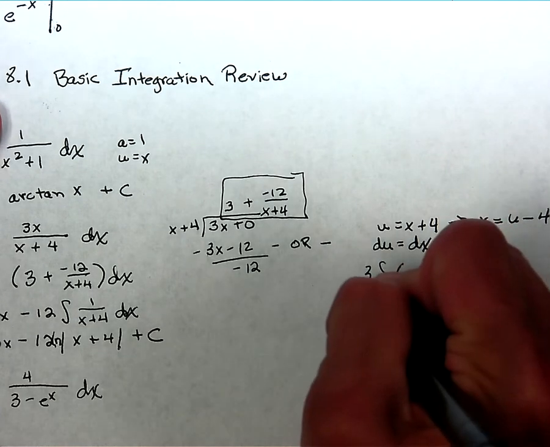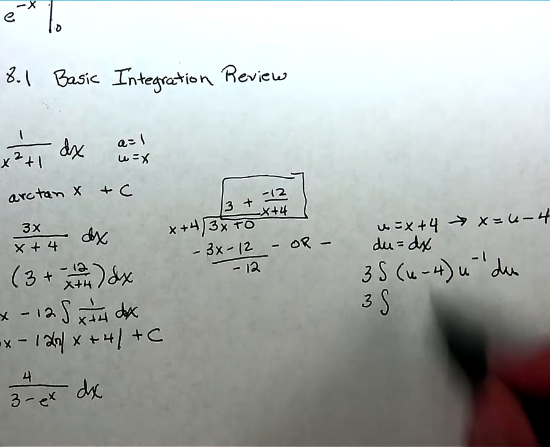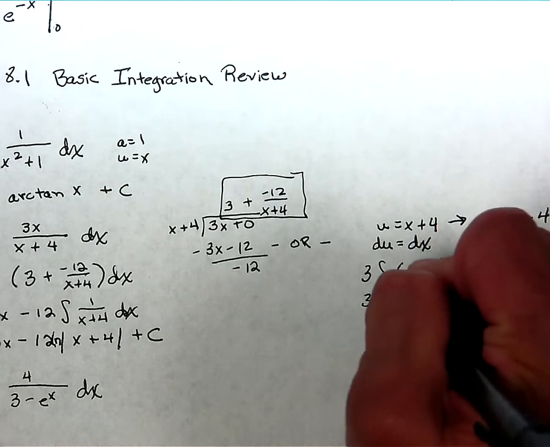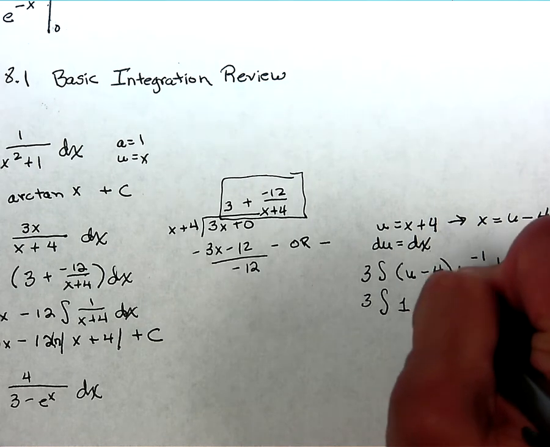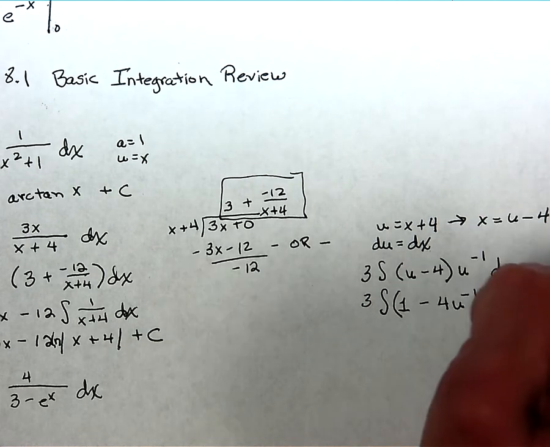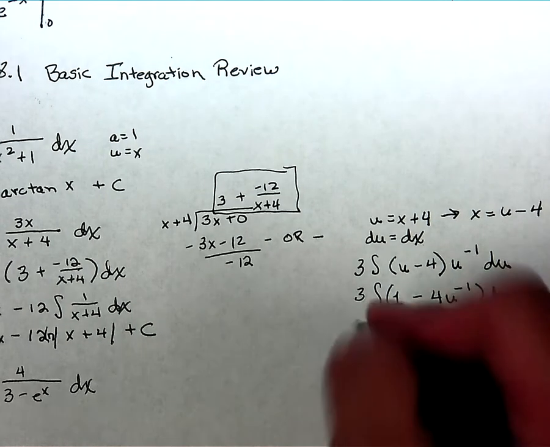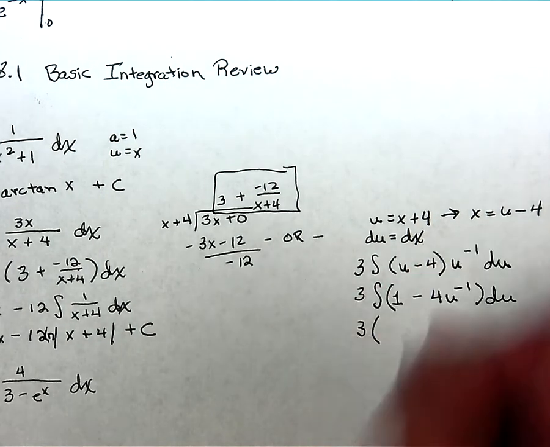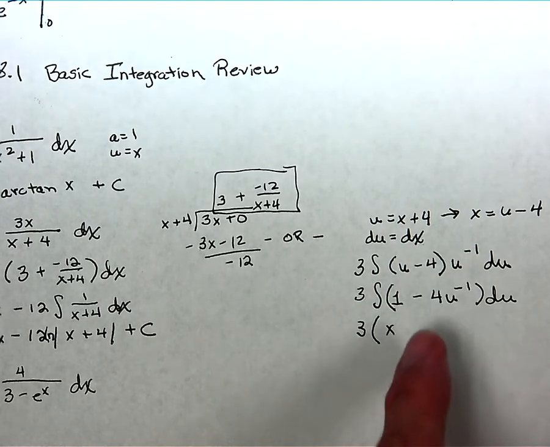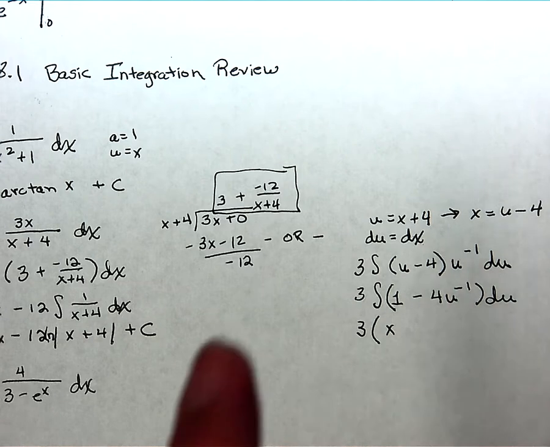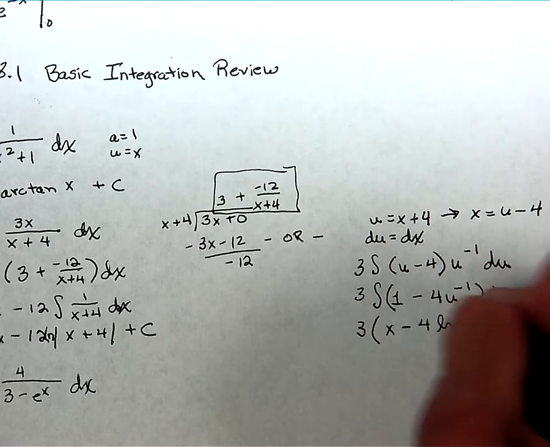And then I could distribute that u to the negative 1. It would be u to the 0, which is 1, minus 4u to the negative 1. Which would be the antiderivative of 1 is u, and the antiderivative of negative 4u to the negative 1 is negative 4 natural log of u.